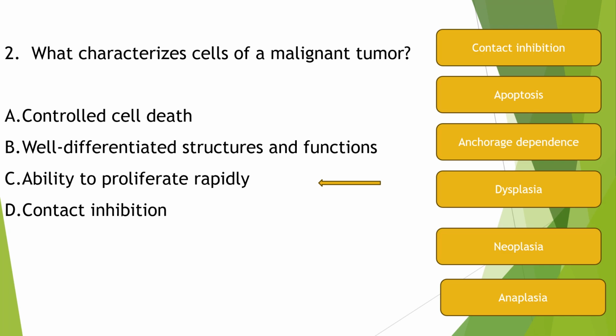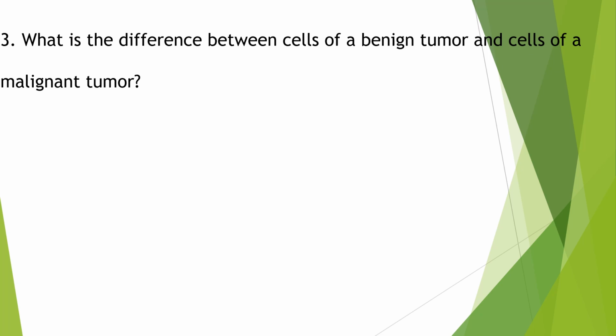So the only characteristic of a malignant cell here is the ability to proliferate rapidly. They don't have controlled cell death, they don't have well differentiated structures and function, and they don't have contact inhibition.